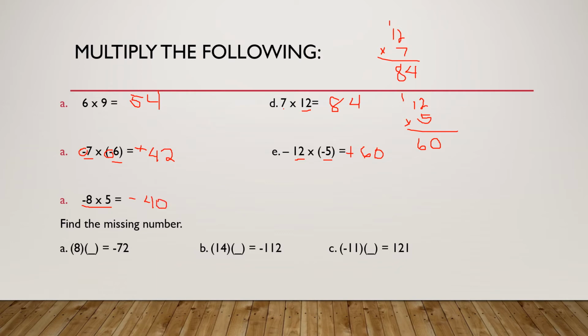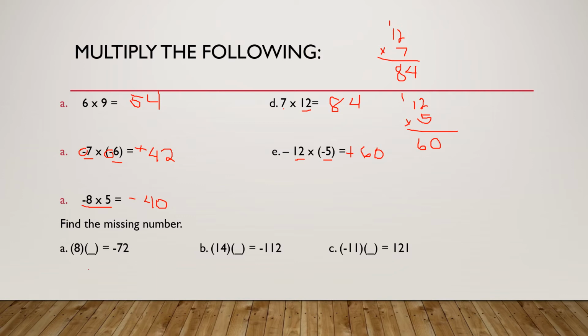Alright, next. Find the missing number. What do you think is the missing number here? Of course, we need to get one of the factors. How are we going to do that? Now, we know that when we multiply 8 and what, it gives negative 72.